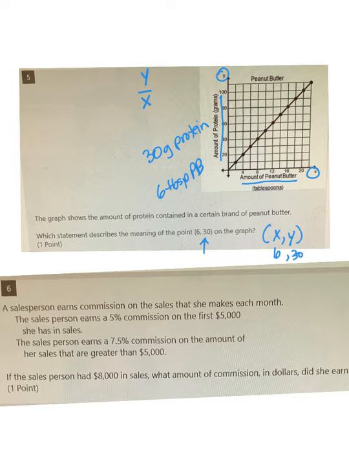So the point 6,30 on the graph represents that there's 30 grams of protein in 6 tablespoons of peanut butter. 30 goes with the y, which is on the y-axis. 30 grams of protein for 6 tablespoons of peanut butter, because the 6 is here.